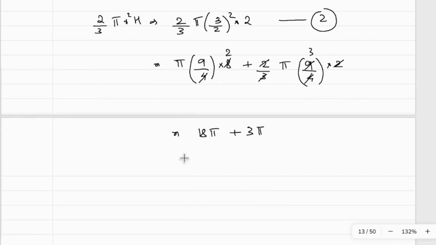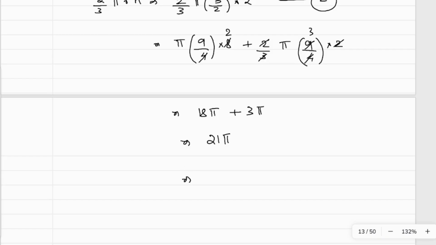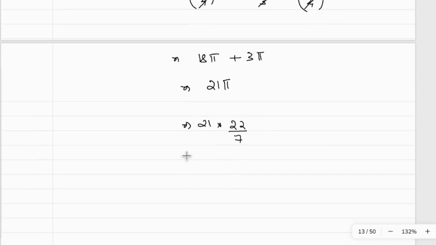Which is equal to 21 pi. 21 into the value of pi, which is 22 by 7, is also equal to 66 centimeter cube.